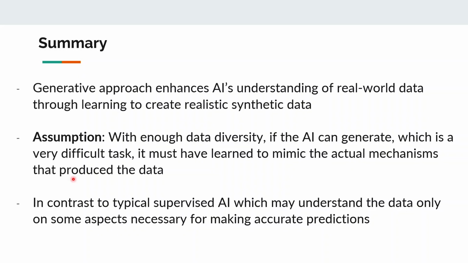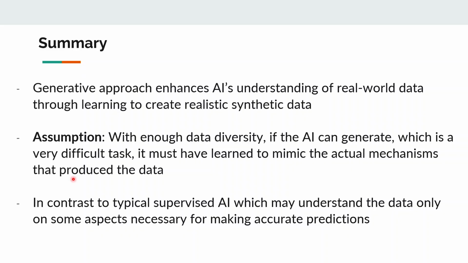It allows us to create realistic synthetic data that we can use to impute, or to analyze and make sense of the system. And the assumption here is that if you have enough data diversity, and the AI can learn to generate this data, which we probably agree by now is very difficult, then it must have learned to mimic some mechanisms that produce the data.